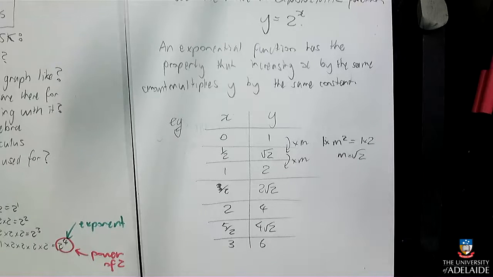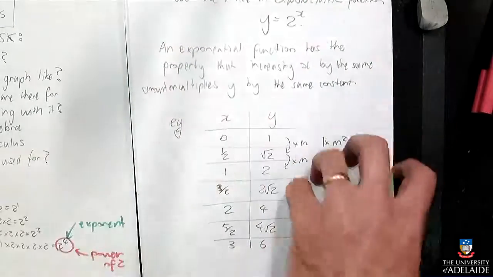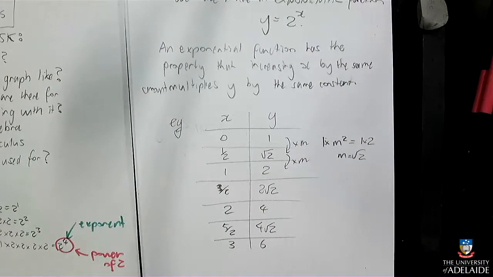Okay, that's an exponential function. A logarithmic function is the opposite. So in a logarithmic function, we would like to create a function that, instead of adding to the inputs producing multiplying to the outputs, does something where multiplying the inputs produces adding on the outputs.